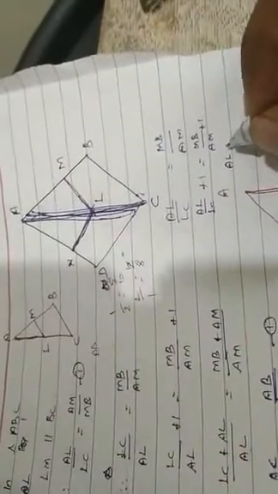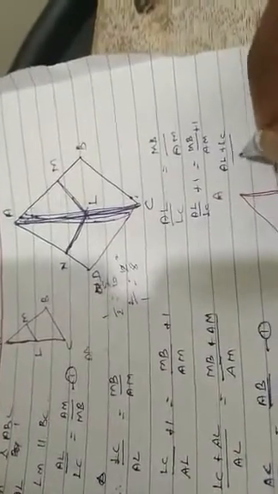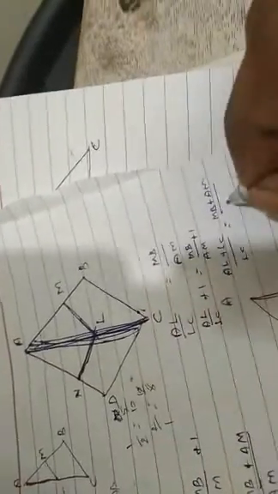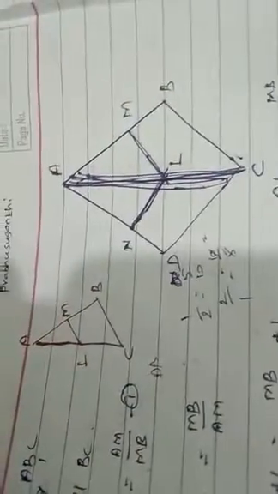So AL plus LC divided by LC equals MB plus AM divided by AM. Now AL plus LC is nothing but AC divided by LC, equal to AM plus MB, which is AB divided by AM. Now consider this first one.